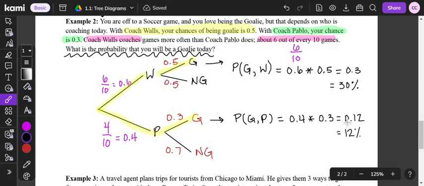So overall, the total probability of being goalie is going to equal that 0.3 from Coach Walls plus that 0.12 from Coach Pablo. All right.